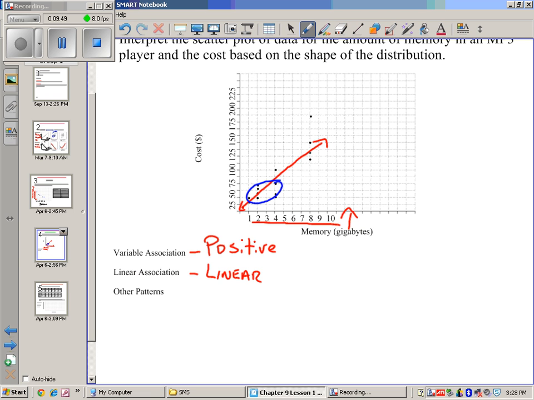There's a little bit of clustering of data down in there, between 1 to 4 gigabytes, and then the cost is anywhere, looks like, from $25 to $75. That'd be our pattern. That'd be our clustering.